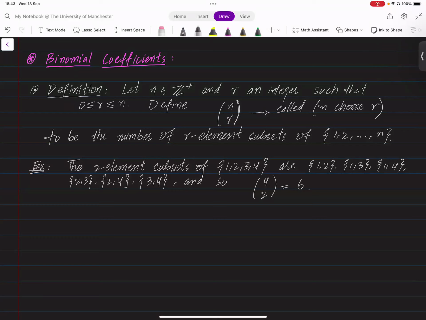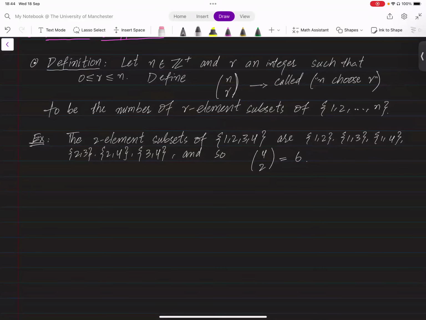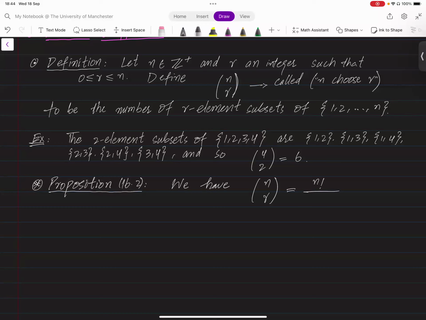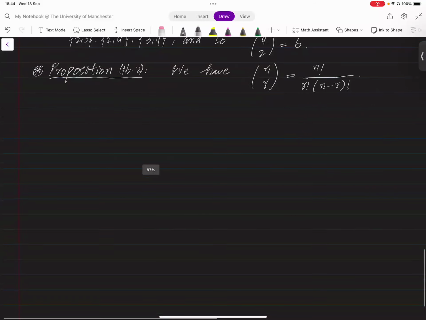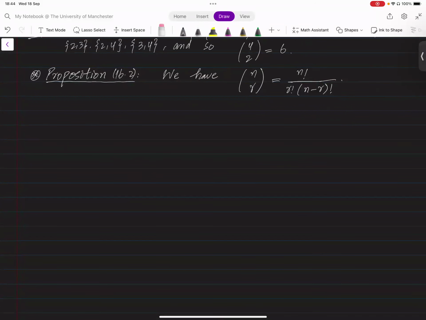We can give a proposition 16.2 which says that n choose r is equal to n factorial over r factorial times n minus r factorial. Okay, so we can prove this proposition. So let's prove it.